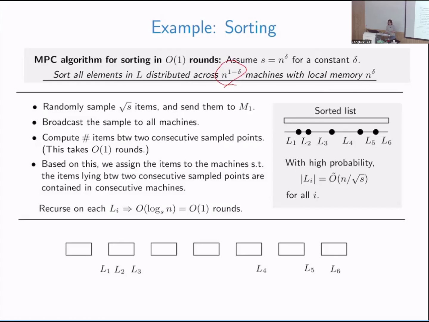Then, in the first round, we sample square root of S items uniformly at random, and we use those items as pivots. Because the number of pivots is small, we can send those pivots to the first machine.